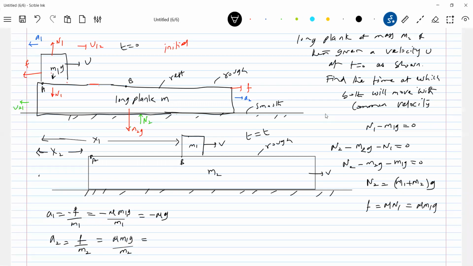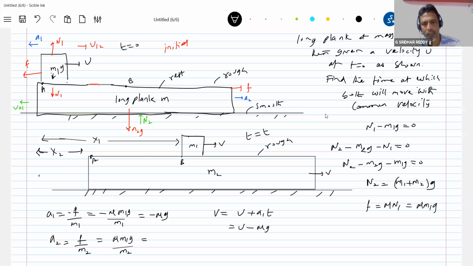Okay, now I got it. So let's write the expression for velocity. V equals U plus A1T, so V equals U minus mu GT. Similarly, looking at the plank, V equals A2T. What is the value of A2?